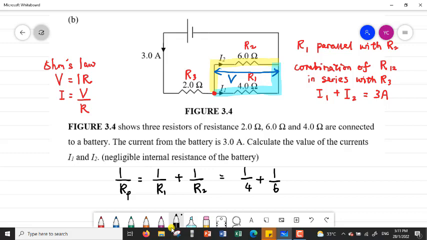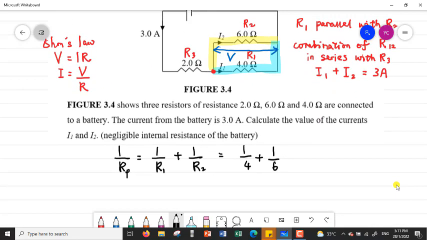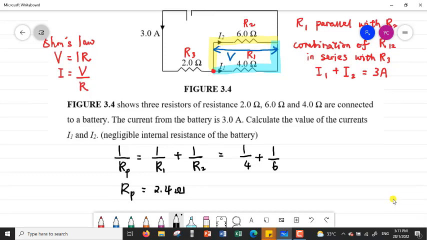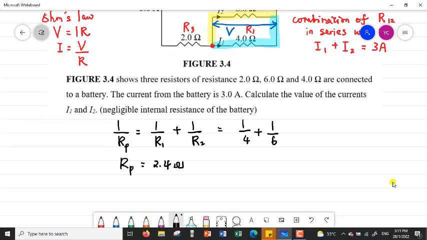So you might pause the video to calculate the effective resistance for these two resistors connected in parallel. If you do it correctly, your R parallel should be 2.4 ohm. Okay, 2.4 ohm.